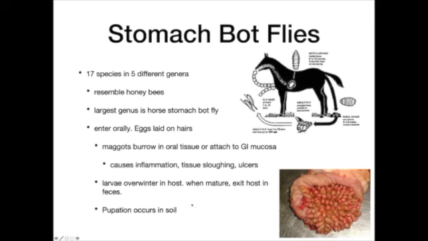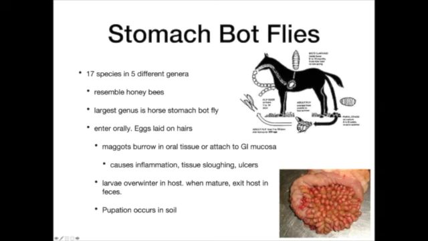So they enter orally. Once the maggots get in, they'll usually burrow either into tissue within the mouth, or they'll burrow into the GI mucosa. This causes inflammation. It causes the tissue to start breaking down and sloughing off, and ulcers to form.